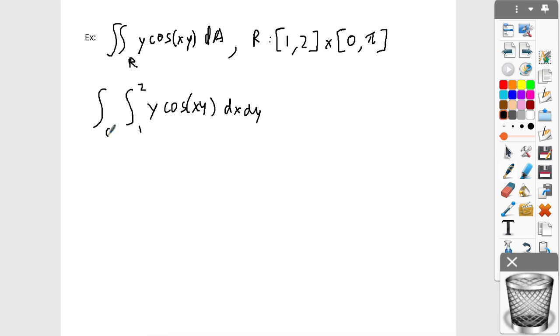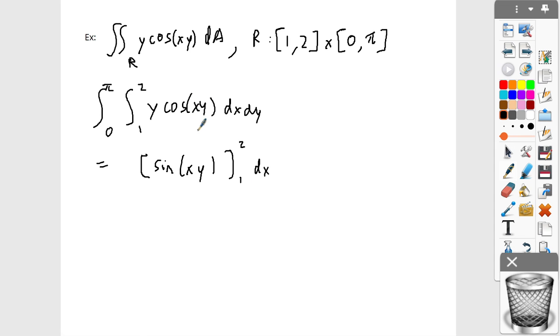This is so nice because it's simply just going to be sine of xy from 1 to 2. Why is it sine of xy from 1 to 2? How can you do it that quickly? Because if you take the derivative of sine of xy with respect to x, you will get cosine of xy times the derivative of the inside. Derivative of xy with respect to x is y. So you'll get y cosine of xy.